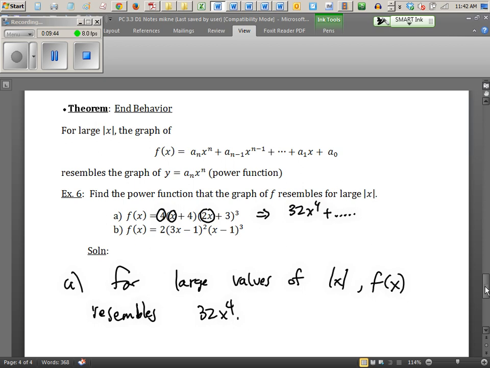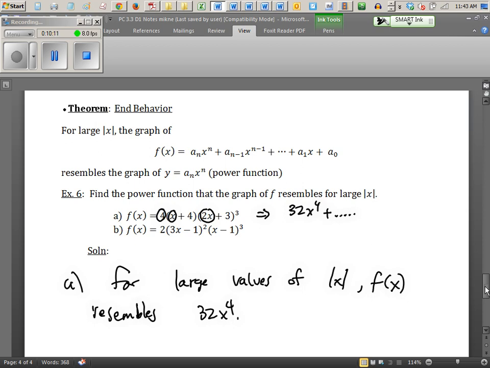So let's say you plugged in 1 million, or 1 billion, or 1 trillion for x. This term would be so powerful that the others, even though they're big, are minuscule compared to it. So this guy sort of takes over. And if x is a million, billion, trillion, or a googol, this function is pretty much the same as this value. So this thing dominates the function.